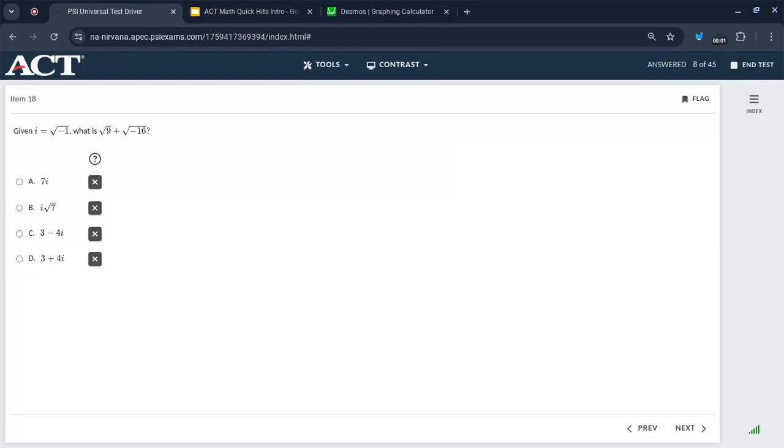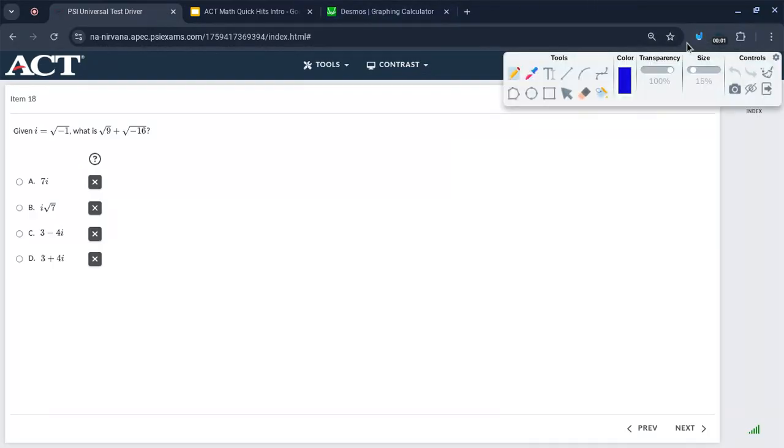However, we can start with something pretty simple. Whatever remains, my answer has to be some binomial, because I have a value plus another value. That first value is very easy to evaluate. The square root of 9 is just asking what number times itself gives us 9, so we're going to end up with 3 plus something.